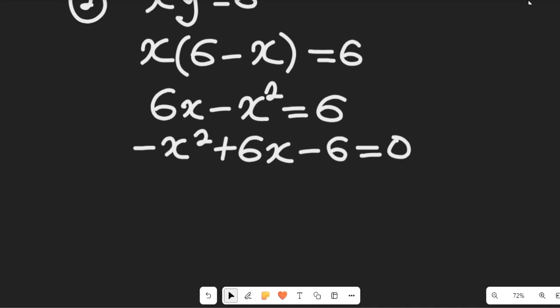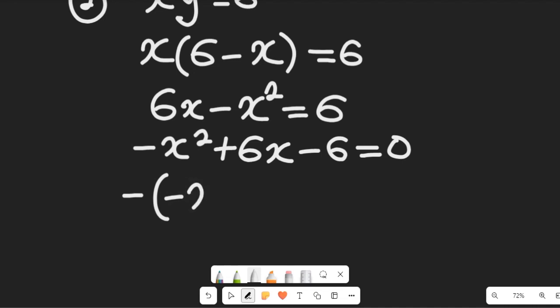So what we are going to do is to multiply the left hand side and the right side by negative 1. The reason why we're doing that is to clear the negative sign with x squared.